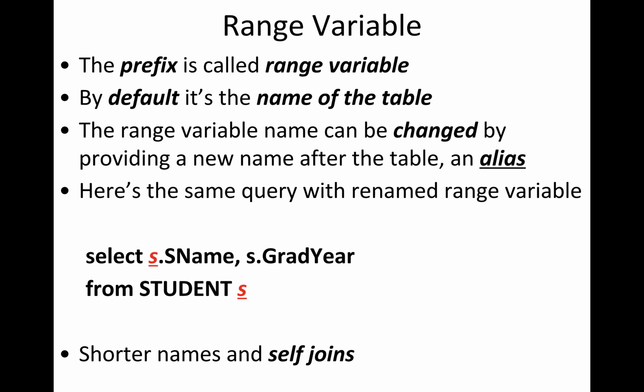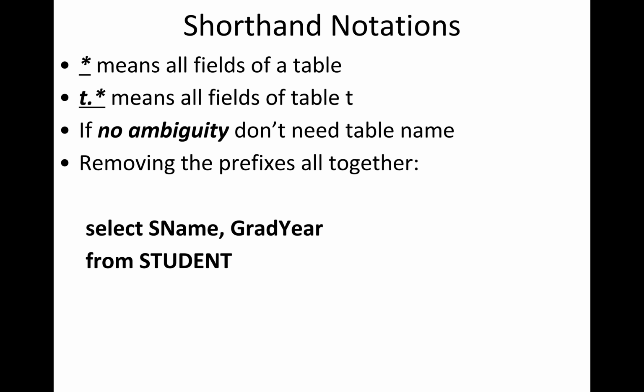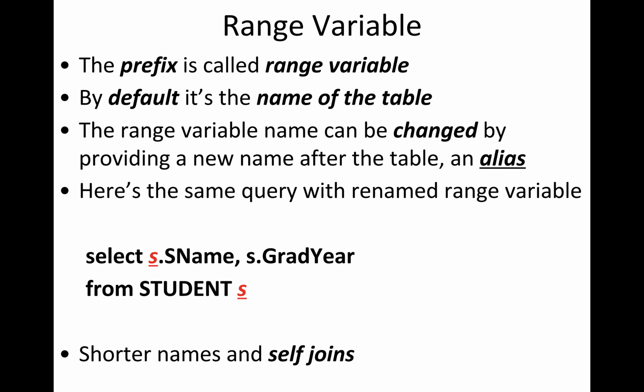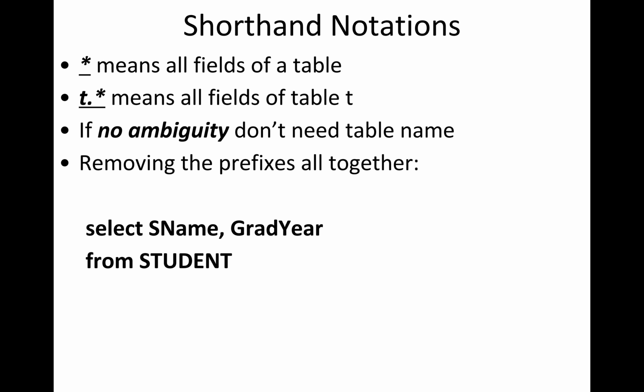So very useful with self-joins. We'll take a look at them a little later. These are called aliases. So there's an alias for the name of that table. It's a temporary name that you can use in the query.